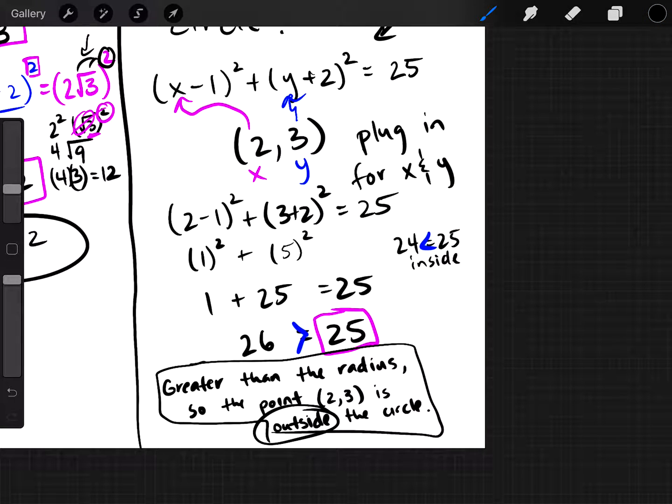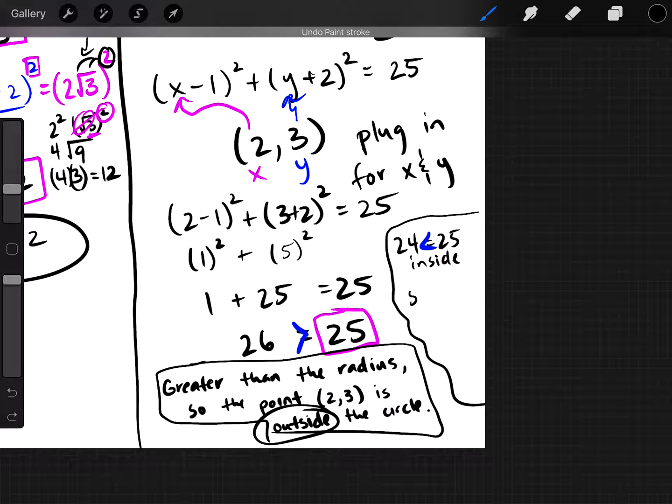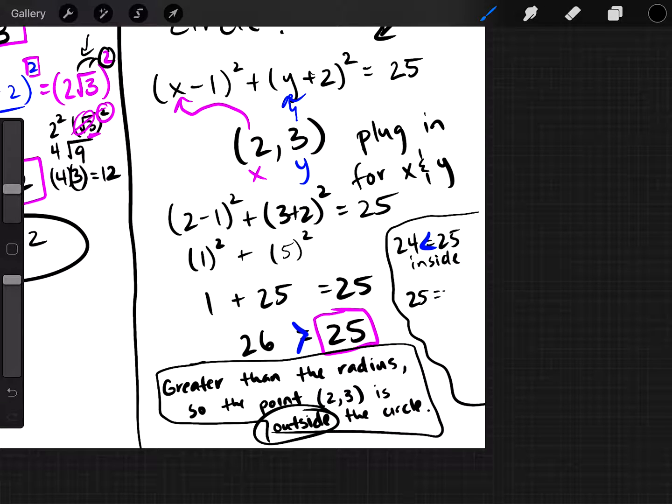Keep in mind the other two cases are, let's say we ended up here and we got, instead of 26, 24 equals 25. Now we are less than the radius, thus putting us inside.